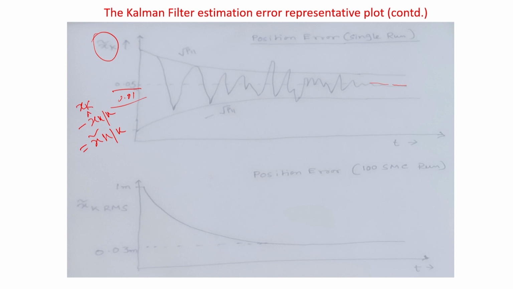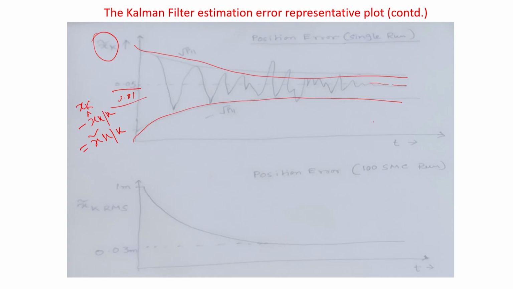If it is diverging, your Kalman filter won't work. So Kalman filter convergence is a very important property. This is your P over time, where P11 is the first covariance, the covariance of your position error.